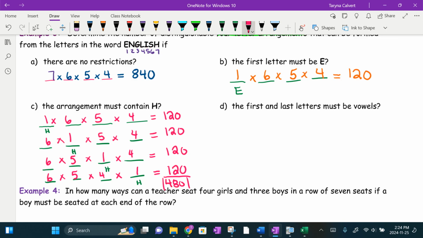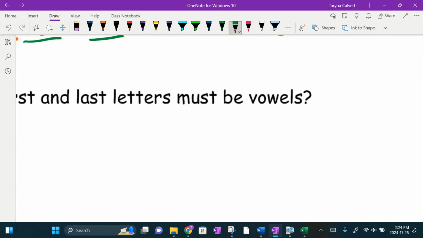So then, the first and last letter must be vowels. Assume Y is not a vowel unless it tells you Y is a vowel. They do expect you to know what your vowels are. If you don't, write them down and memorize them. Not just in the word English, just write them all down and then we'll deal with the word English. What's my first vowel in the alphabet? A. What's my next one?